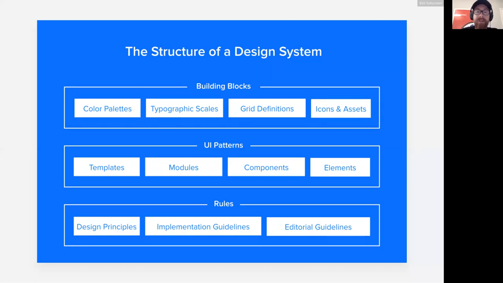So to clean up this vocabulary mess in the design world, design language is really all about the basic building blocks that go across all of the UI patterns in a given system.